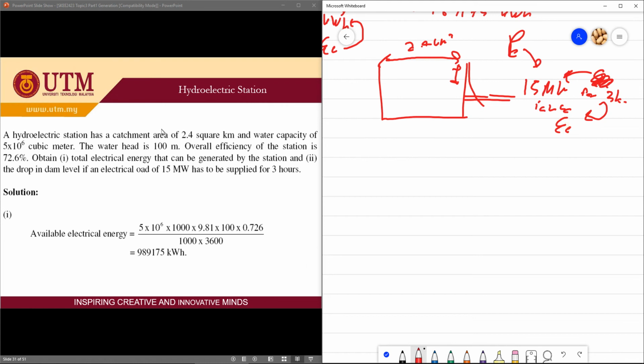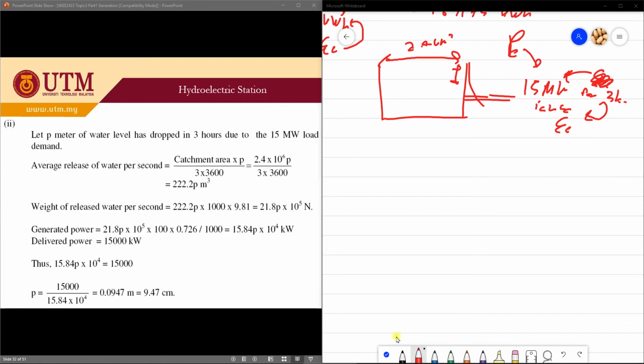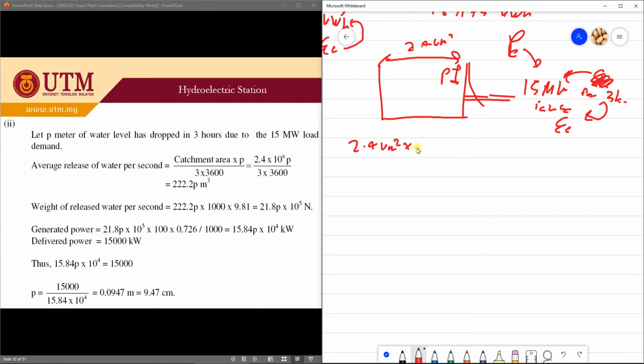How to solve this? You want to know the water drop, so we put it as P, just any unknown you want to use. The volume of water is 2.4 km squared multiplied by P, with P in meter.